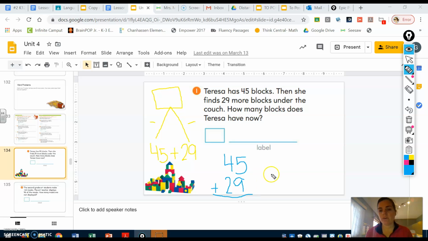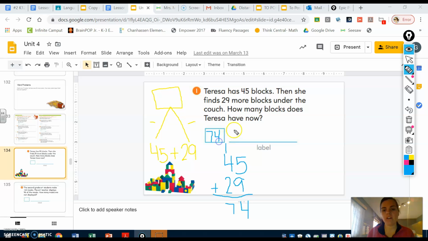So I always start with my ones cup. 9 plus 5, or 5 plus 9. Pound count: 9, 10, 11, 12, 13, 14. So I'm going to carry my 1 and drop my 4 into my ones cup. Then I have 4 plus 2 is 6, plus 1 more, don't forget to add your new group of 10, is 7.